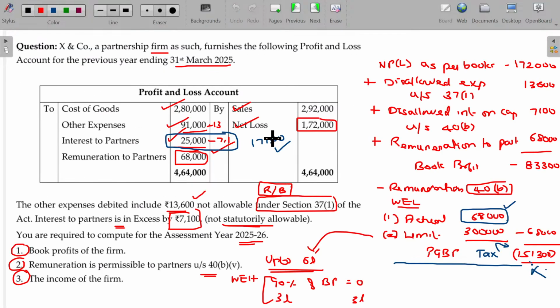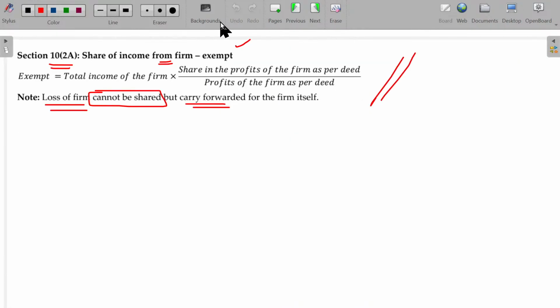Okay, so let me give the summary here. What will the partners get from the firm? Firm to partners. Number one, PGBP.